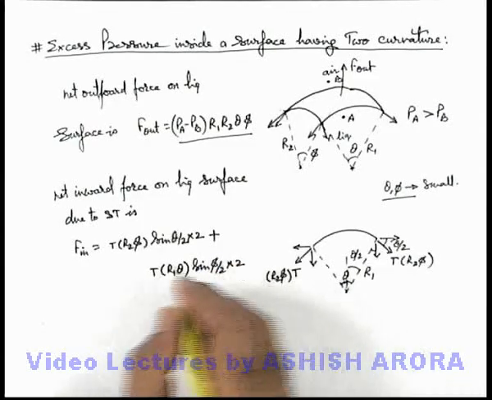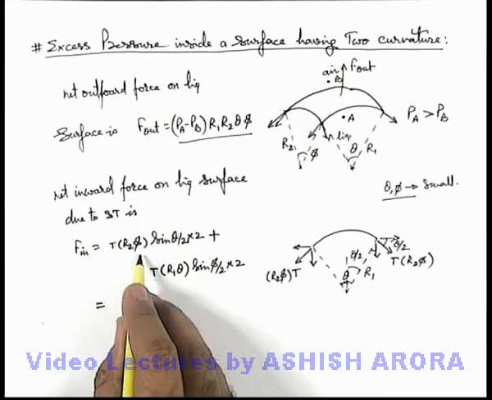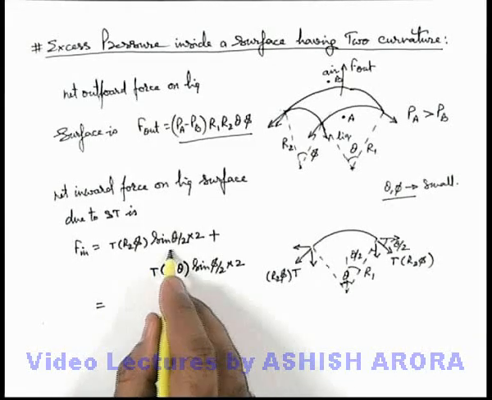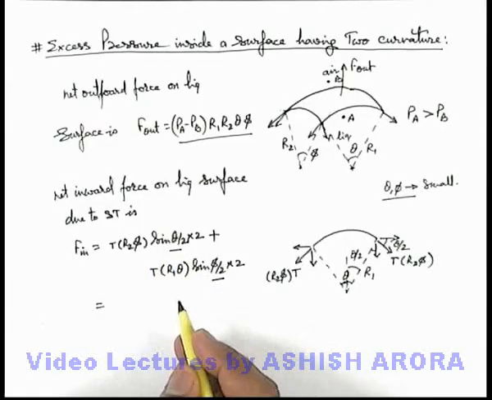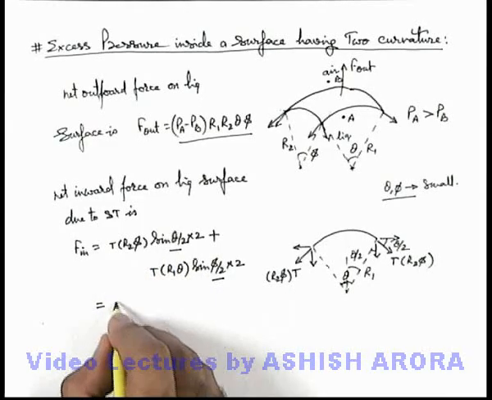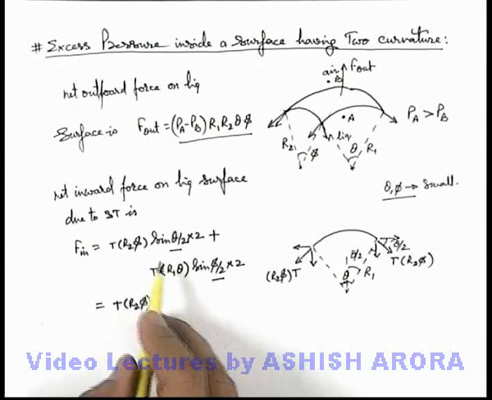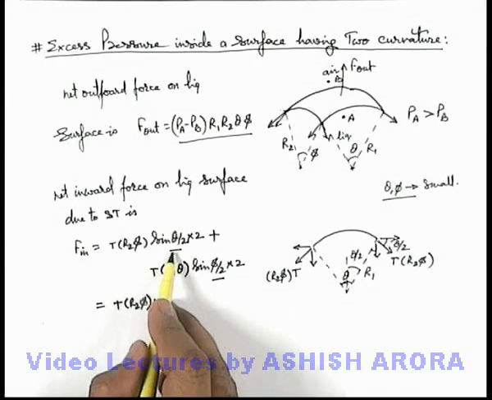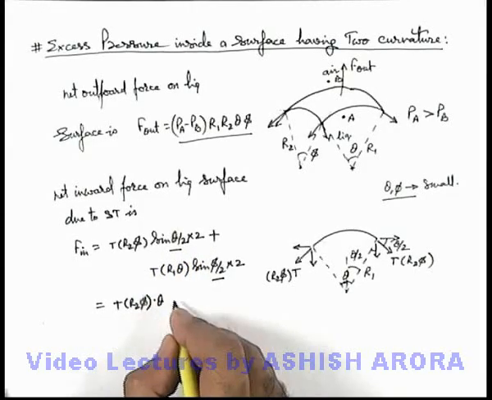As theta and phi are small angles, the sine can be replaced by the angle, and we can write T into r2 phi multiplied by sine of theta by 2 as theta by 2, and the 2 gets cancelled out, so it will be theta.